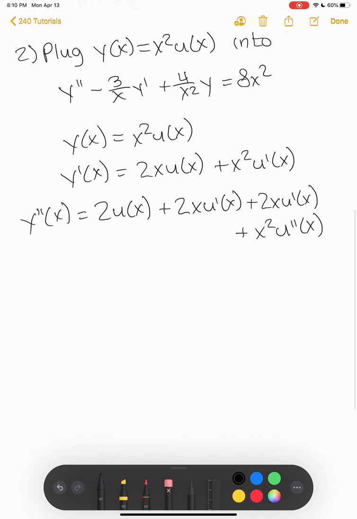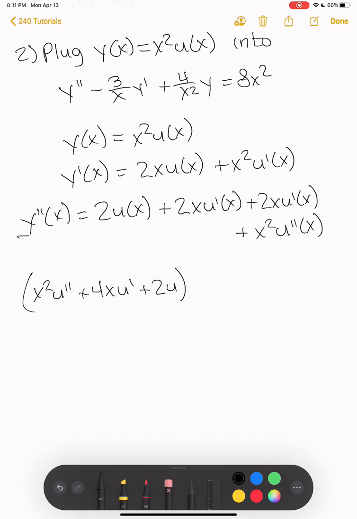Okay, so that was just quick, but it helps me organize myself to do them first and then plug them in. So if I plug it into the differential equation, y double prime becomes x squared u double prime of x. And I'm in fact going to drop the x. Just remember that u is a function. Plus 4x u prime plus 2u.